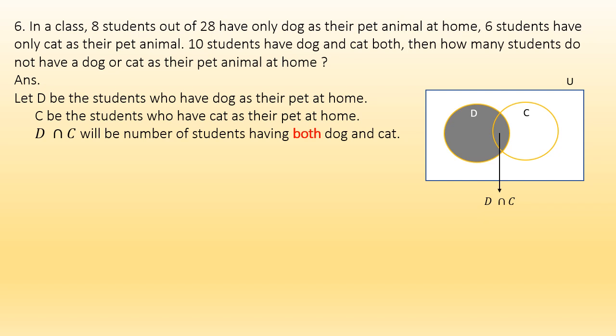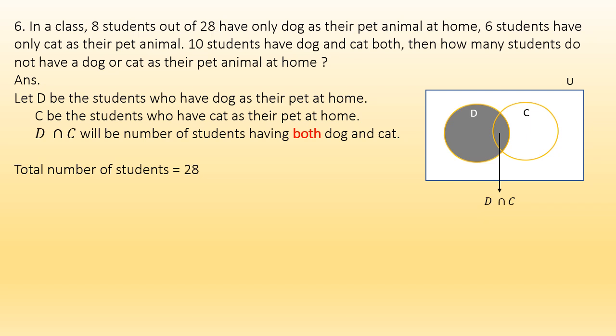It's given in the question that 10 students have dog and cat both. So here we will write n of D intersection C is 10. The total number of students under consideration is 28.